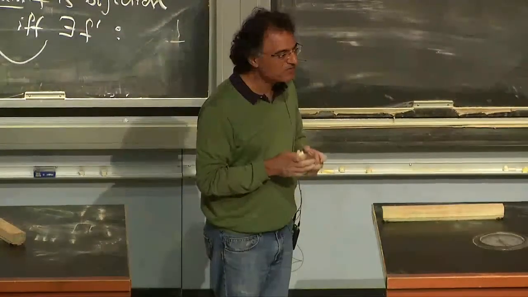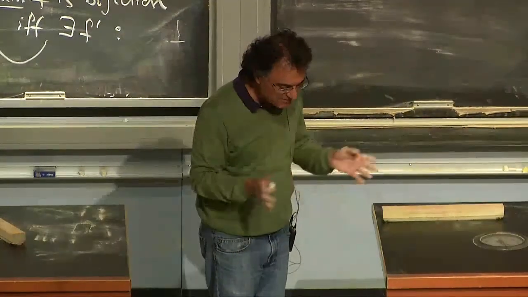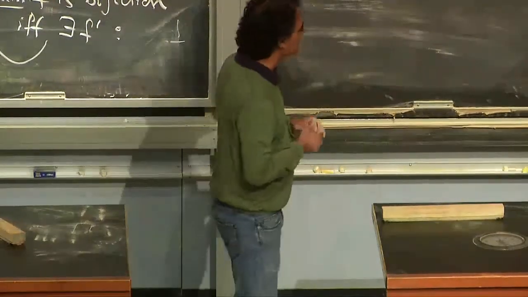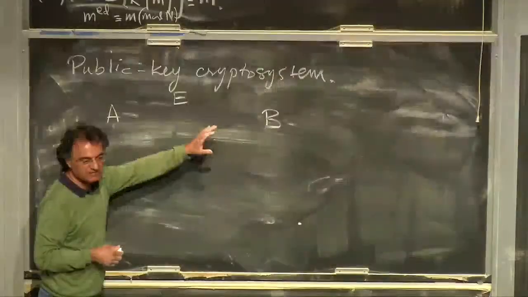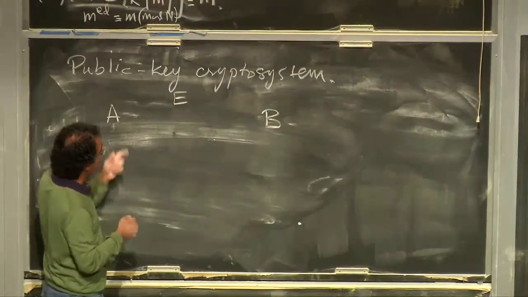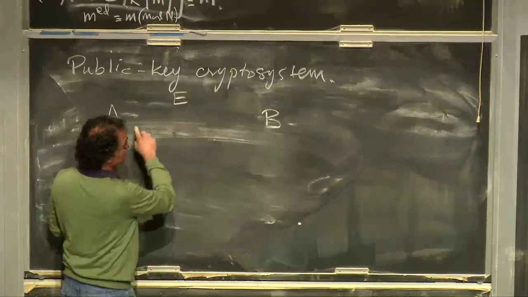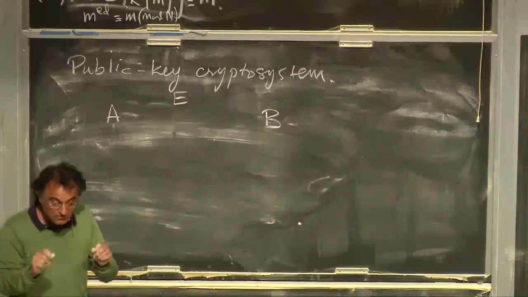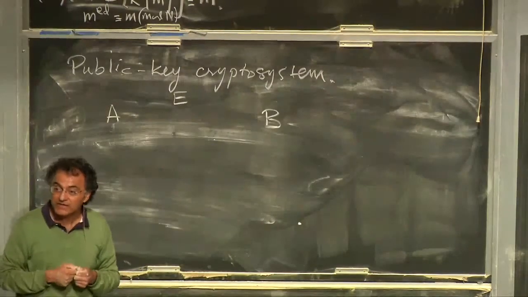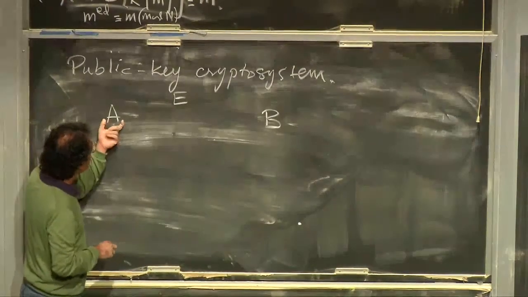And Alice and Bob, they're your regular people. They have lives, they have things to do, and what this public key cryptosystem does is it allows them to stay ahead of Eve. Even though she can listen in on the wire, she can snoop around, she still doesn't understand what they're talking about.